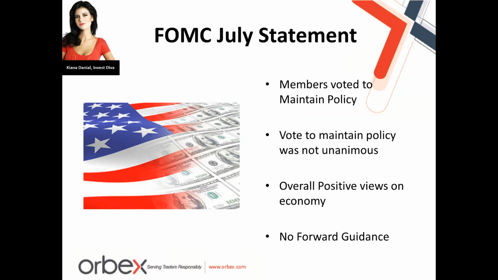And so this lack of forward guidance, or lack of a more hawkish tone at least, despite the overall positive views on the economy, kind of weakened the rate hike expectations, I think.